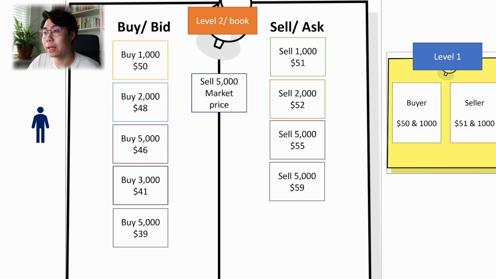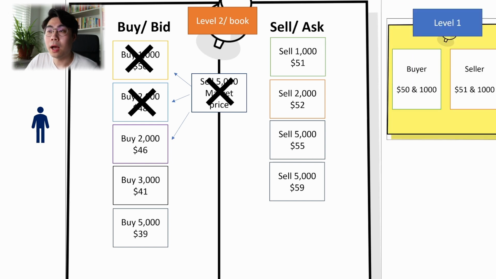Right. So what will this look like? This means that the top of the buy orders, and the second on the list, both of these will get fulfilled. So they're no longer in the buyer's column anymore.